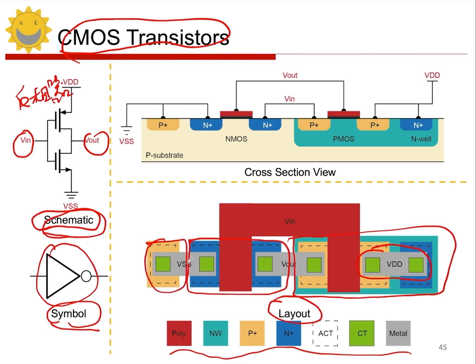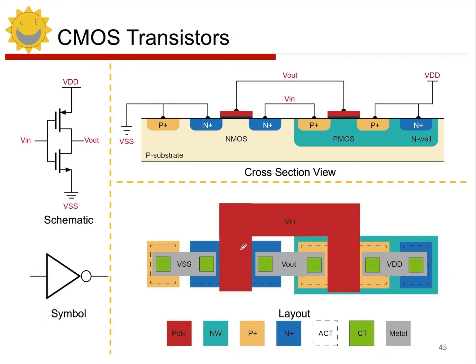The source is connected to the substrate, which is grounded for the inverter, so these two can be connected together, and the NMOS and PMOS of the inverter are connected at the drain. We can directly use polysilicon to connect the gates of these two devices. So this is the entire schematic, symbol, and layout of the CMOS inverter, and its cross-section looks like this.